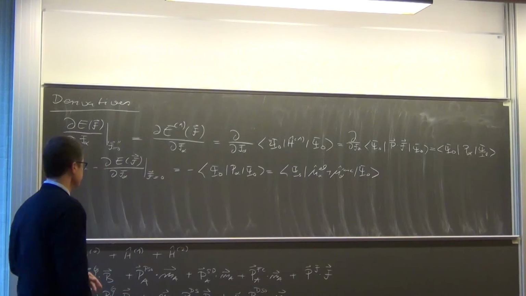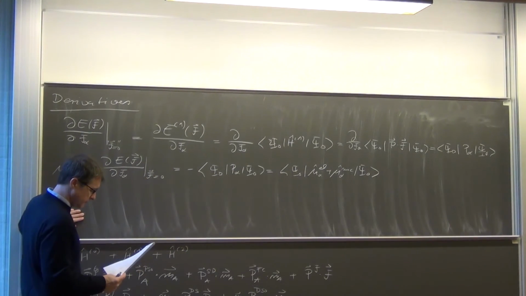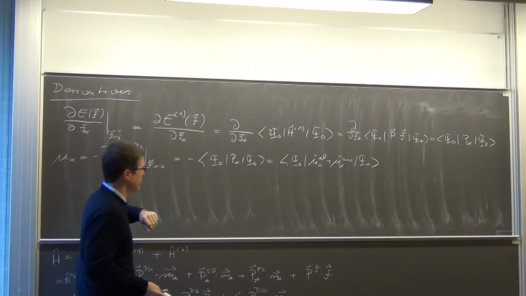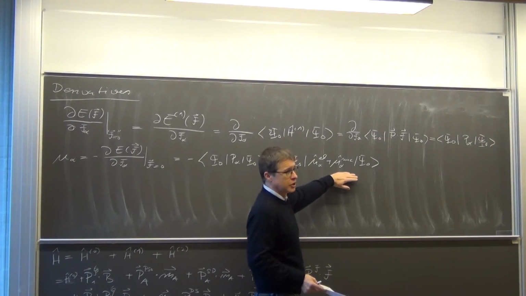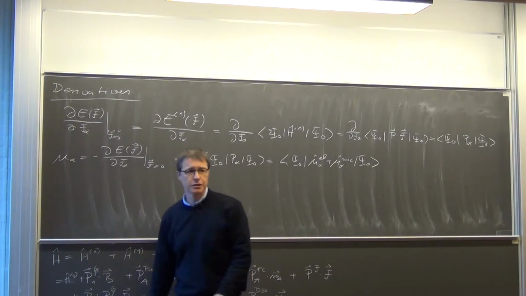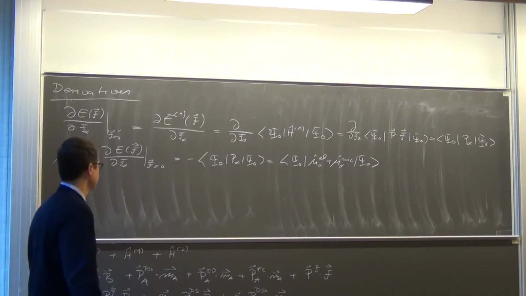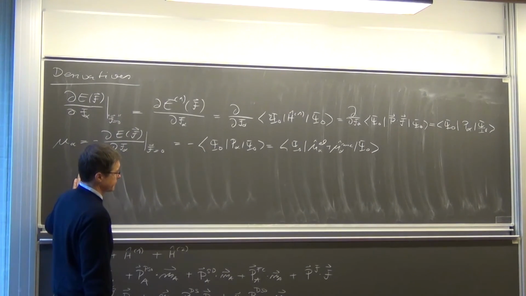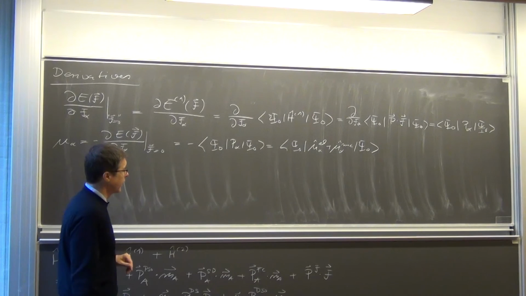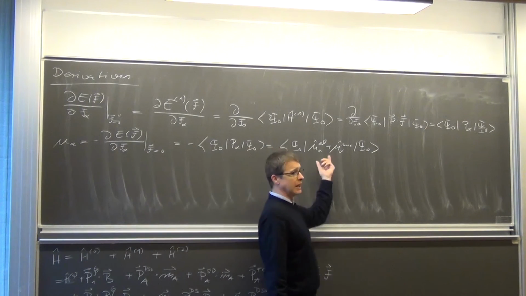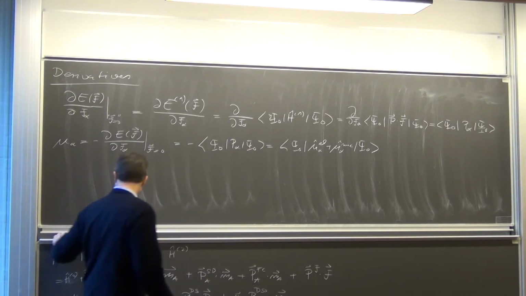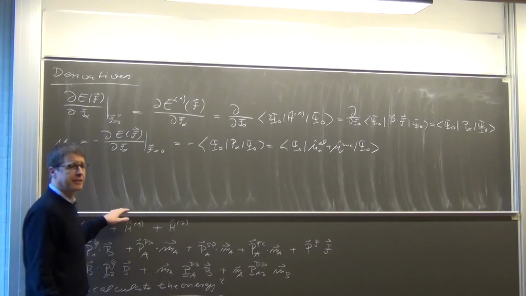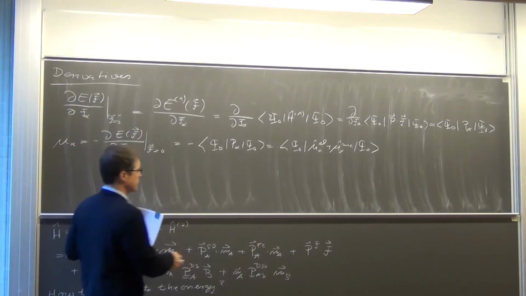So we get that the dipole moment, or component of the dipole moment, is just the expectation value of the corresponding dipole moment operator. And how that dipole moment operator looks is determined by this derivation, by what this P F turned out to be.